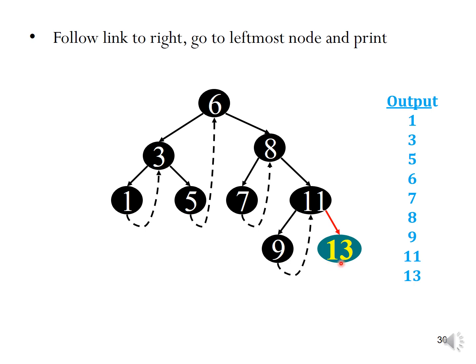So this is 13. 13 will be printed. So this is the traversing. We have visited all the nodes. As we know, traversing means we have to visit all the nodes at least once. So this traversing is completed because we have visited all the nodes: 1 3 5 6 7 8 9 11 and 13.